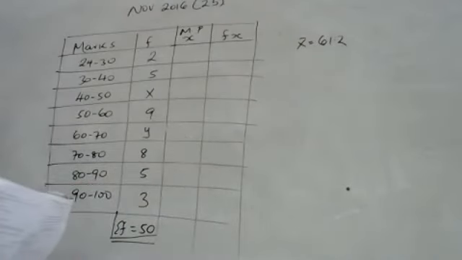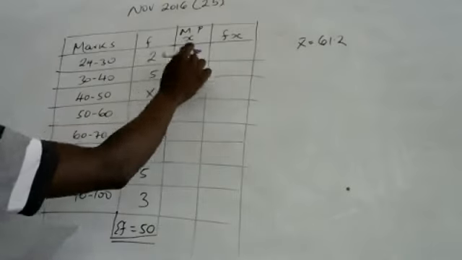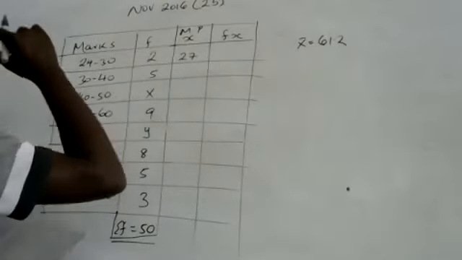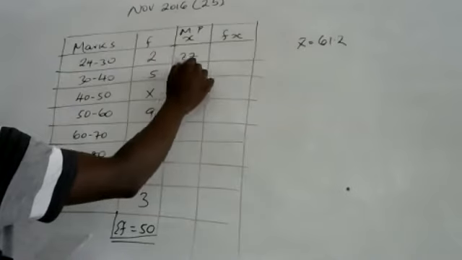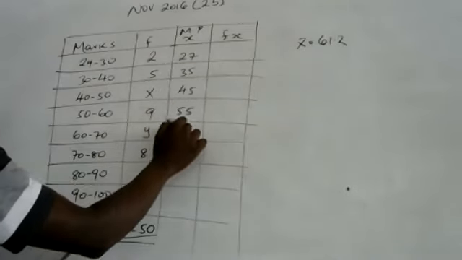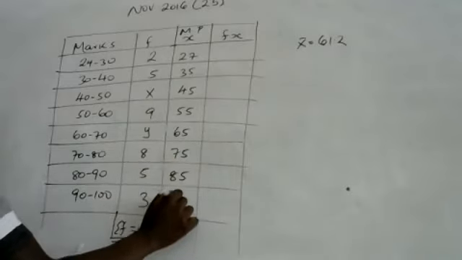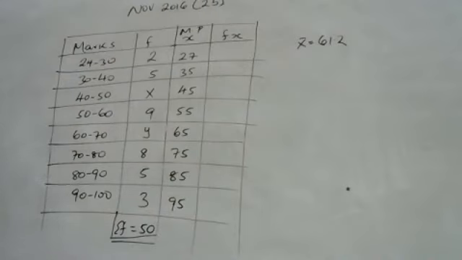What is the midpoint, Joy? 27. Then 35, 45, 55, 65, 75, 85, and 95. Those are the x values.